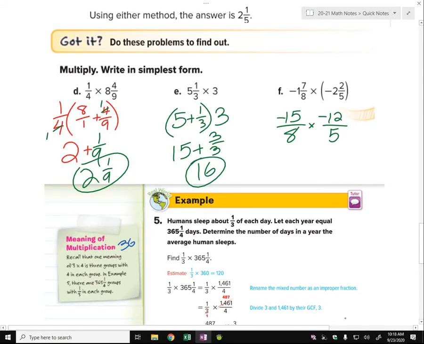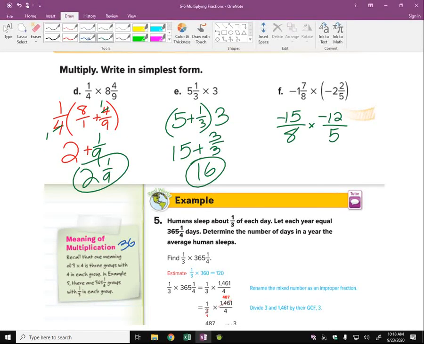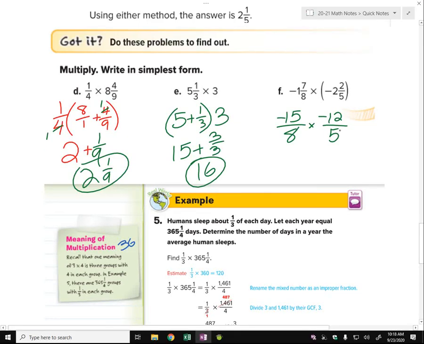I have common factors in both of these, so I can reduce even before we get started. Divide this by 5, it becomes 1. Divide this by 5, it becomes negative 3. Divide this by 4, becomes negative 3. Divide this by 4, becomes 2. Now this next step I'm going to write, you don't have to write this, but I'm just showing for demonstrative reasons and also people watching at home.